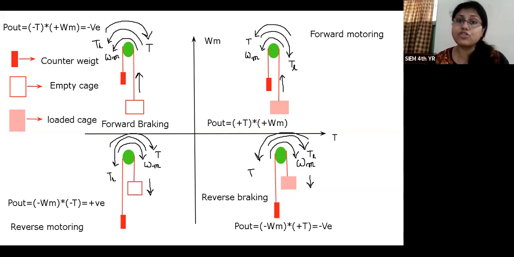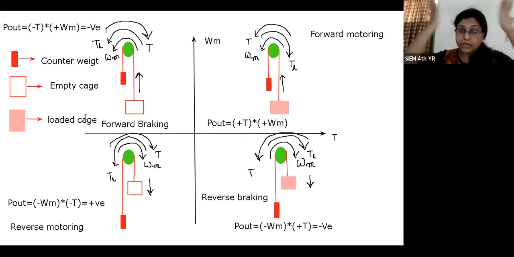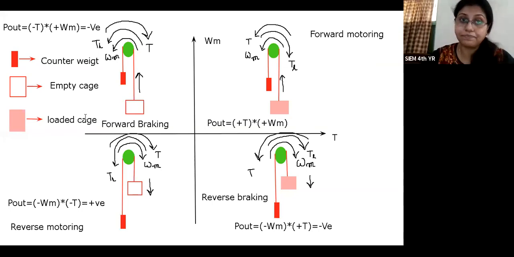Okay, so please draw the entire diagram and draw the direction of the motor torque, load torque, omega m, etc. And write down the symbols, that is the weight of the counterweight, empty cage, loaded cage.